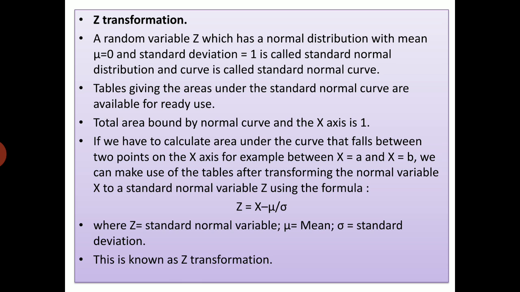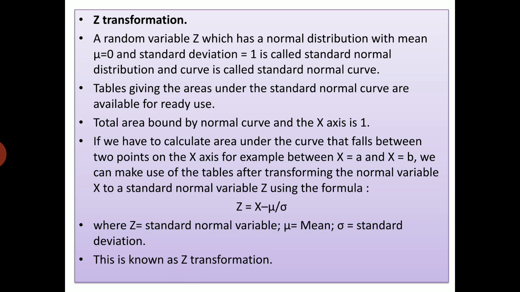In this case, you are going to see the values which are there between any two points, that is a and b on the x-axis. Between these two points you are going to find out how much area is covered.